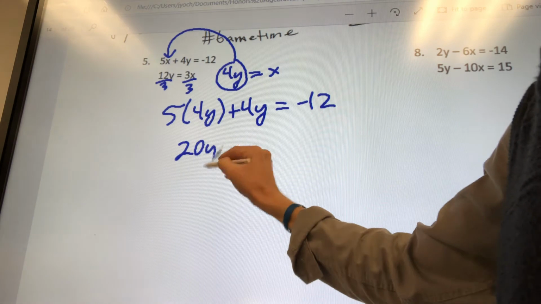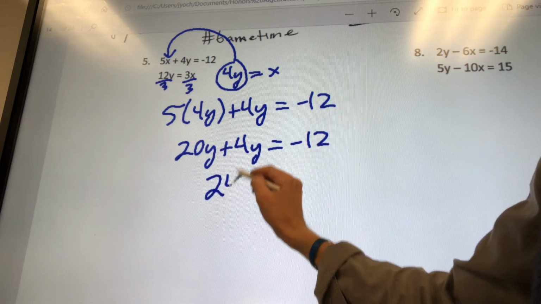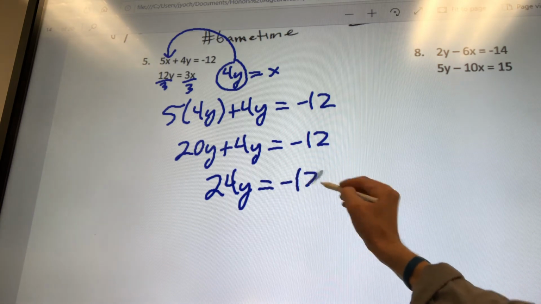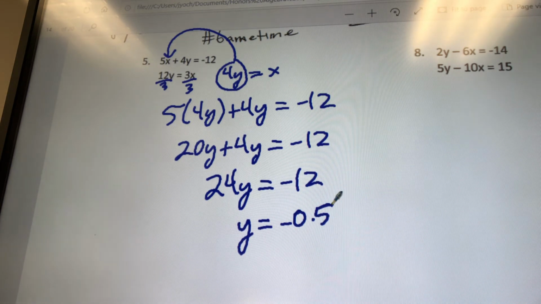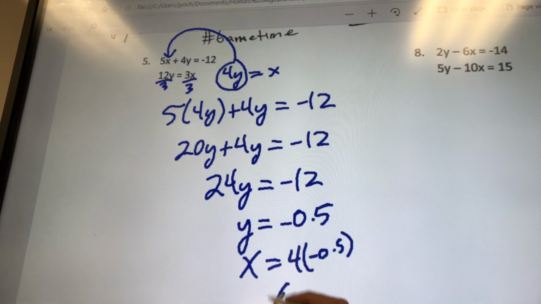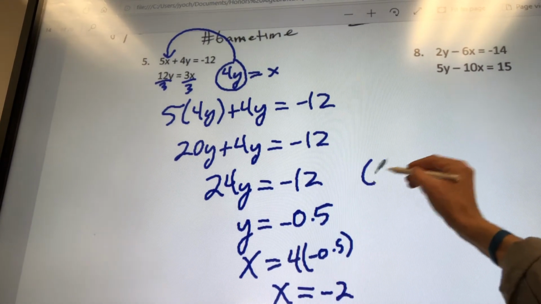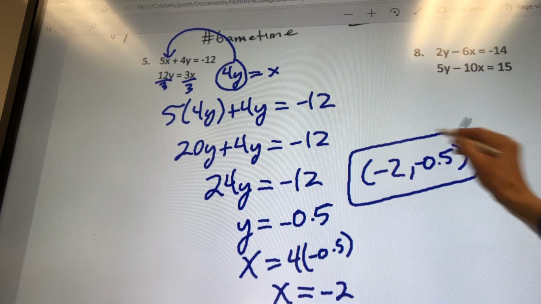You have 20y and 4y. That is a 24y, and that's a negative 12. y is a negative 0.5. So then x is 4 times what y is. x is a negative 2. You got negative 2 comma negative 0.5. See, 0.5 is an okay answer.